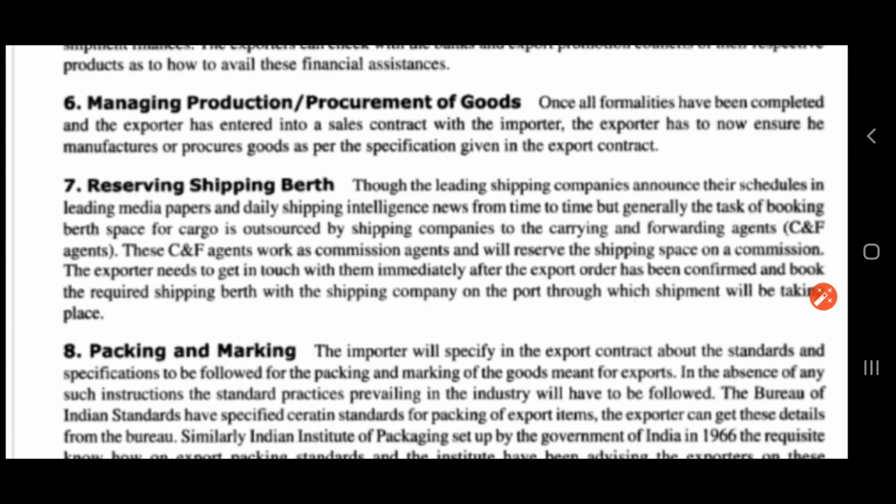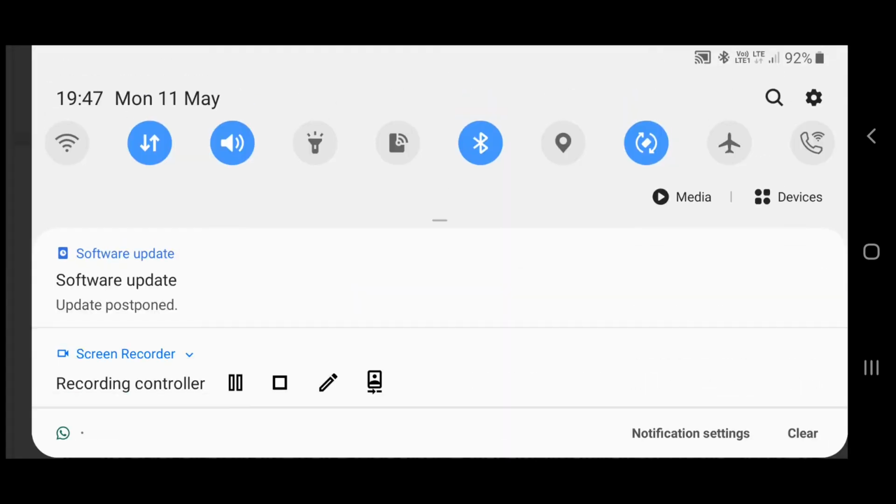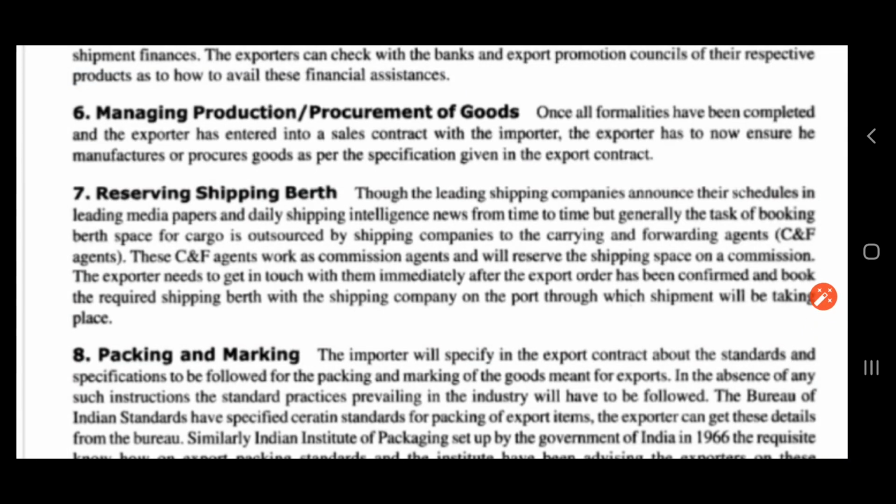So the exporter can get the details of these schedules of various shipping firms from leading media papers, especially those dealing with shipping intelligence news. Then based on this information, the exporter should book the berth space for cargo.